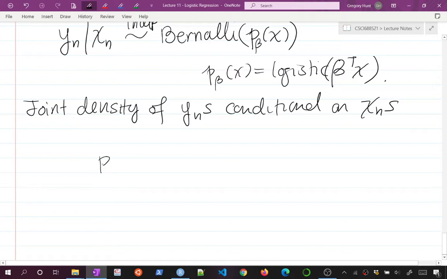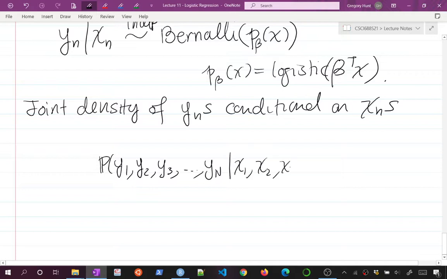So basically what we want to find is the probability of observing y1, y2, y3, all the way up to yn, given x1, x2, x3, all the way up to xn. Now this probability, because it depends on this p, which depends on beta, is a function of beta.